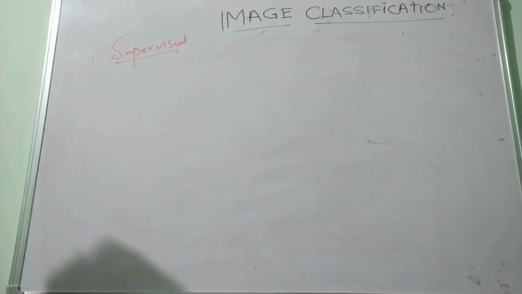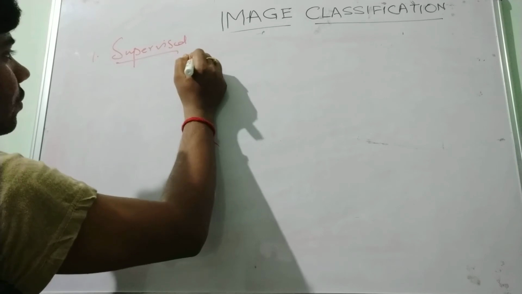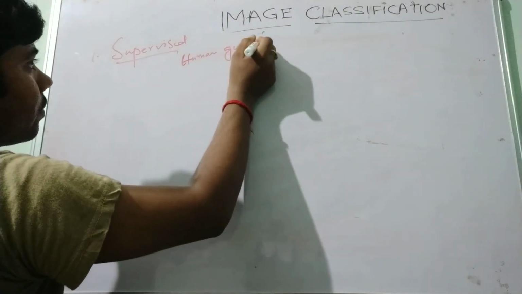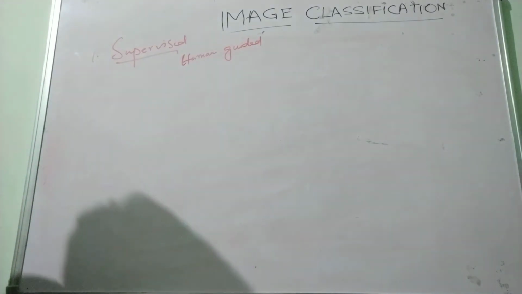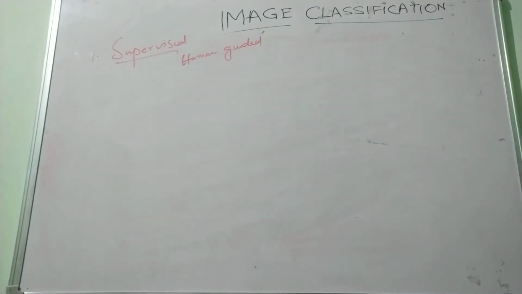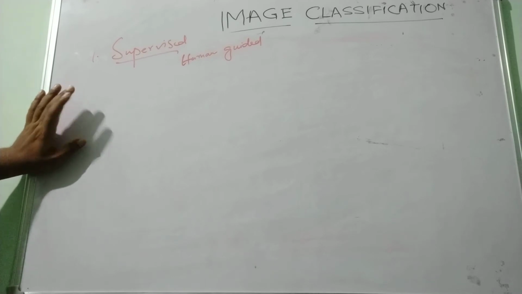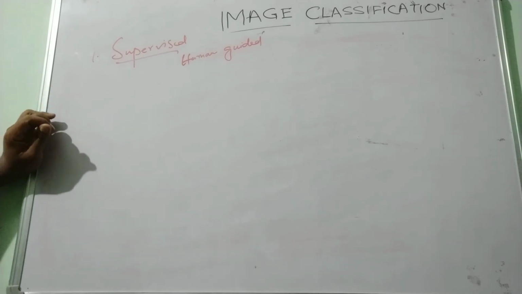Supervised classification is also known as the human-guided classification technique. This technique is most often used for the quantitative analysis of remote sensing data, and it is based on the idea that a user can select some samples in an image that are representative of the specific classes, and then image processing software uses this training set or reference set to classify the image.